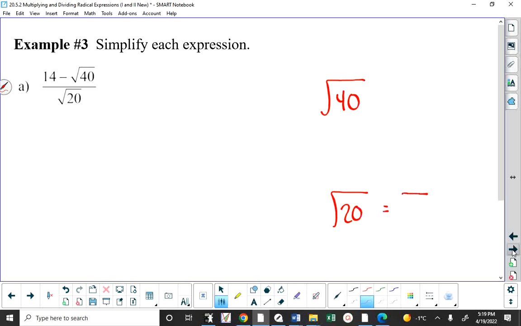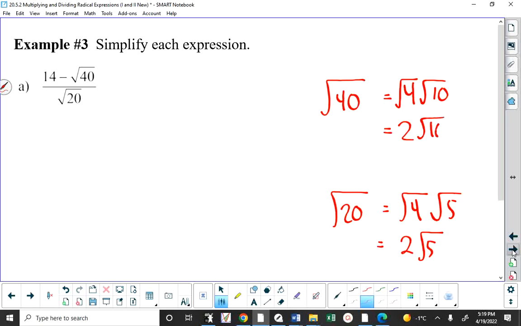Root 20 is root 4 root 5, which is 2 root 5. Root 40 is root 4 root 10, which is 2 root 10. So these two radicals, root 40 and root 20, are radicals that you should be able to simplify fairly quickly.